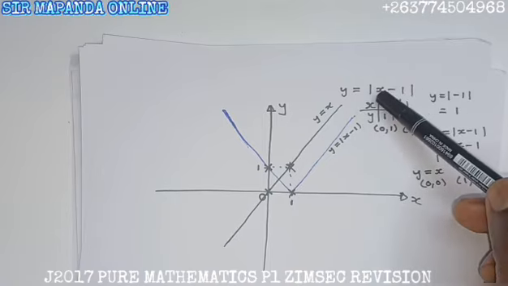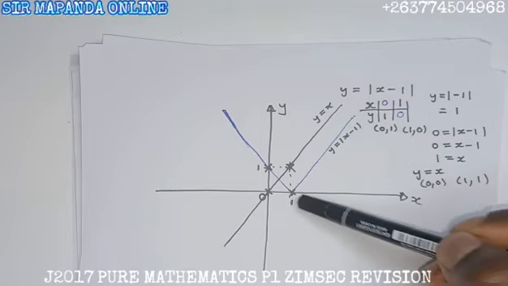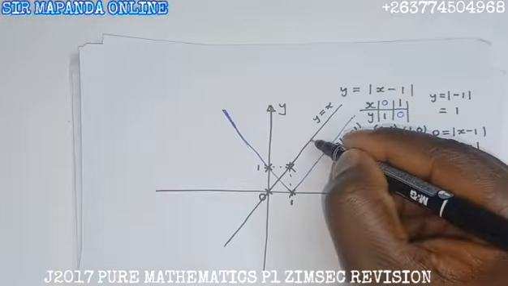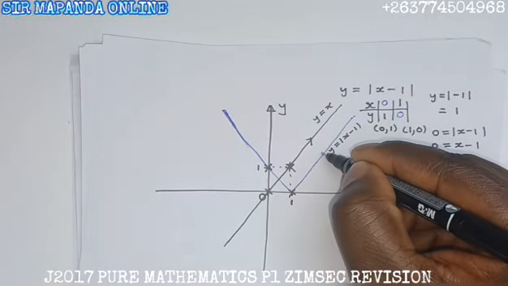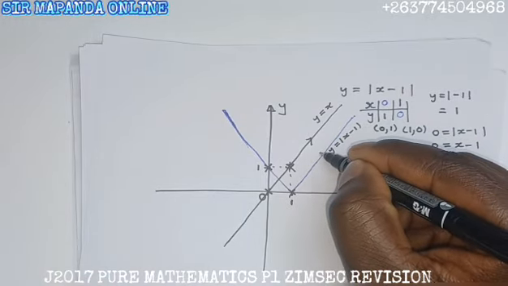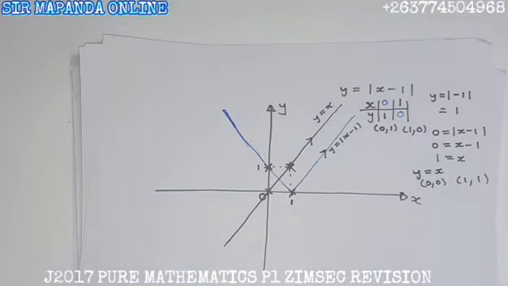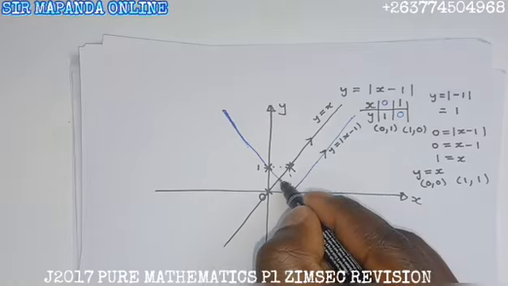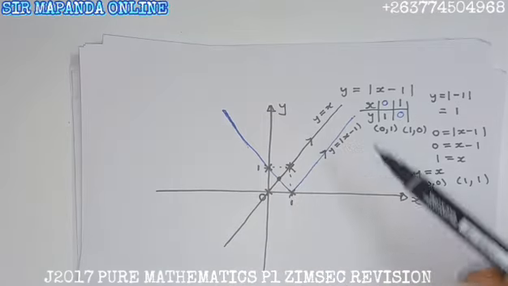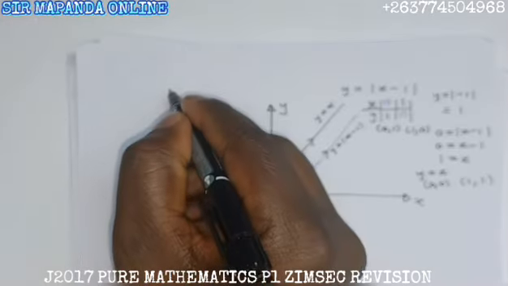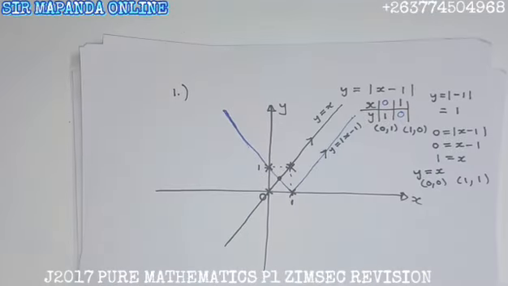The gradient was 1 on the positive part of the V. So the line in this right part of the modulus graph and y equals x are moving in the same direction. They are parallel to each other since they share a common gradient, which is 1. So there is only one point of intersection between the modulus graph and y equals x. This is the first part of the question.